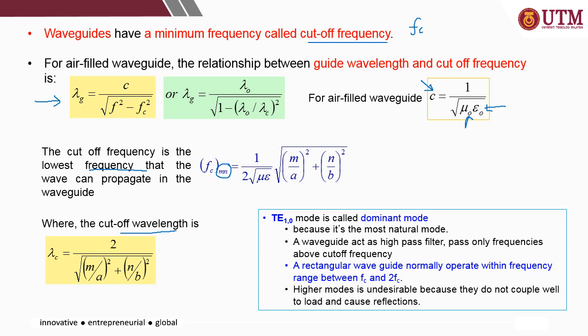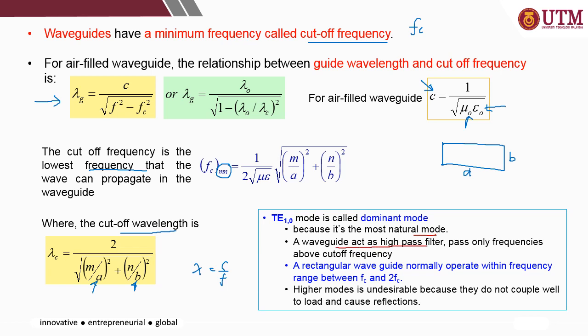You know that lambda equals c over f, so lambda c equals c over FC, which depends on the mode numbers M and N, and also the structure dimensions A and B. Remember, for our rectangular waveguide, A is the longest width and B is the height. The dominant mode for a rectangular waveguide is TE10. It is the natural mode.